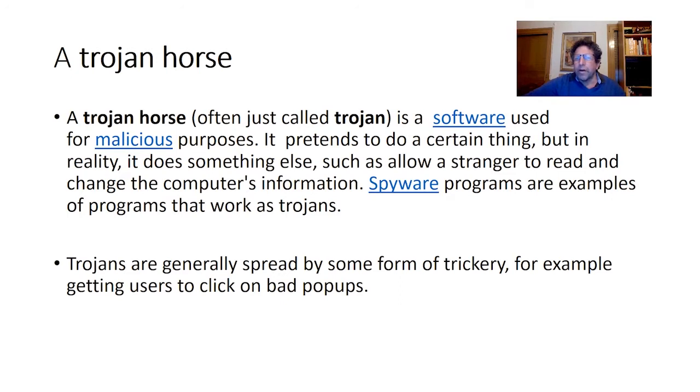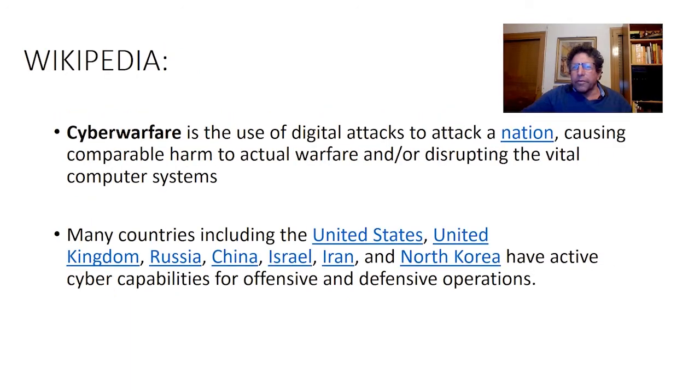Trojans are generally spread by some form of trickery, for example, getting users to click on a bad pop-up. Cyber warfare is the use of digital attacks to attack a nation, causing comparable harm to actual warfare and/or disrupting the vital computer systems.